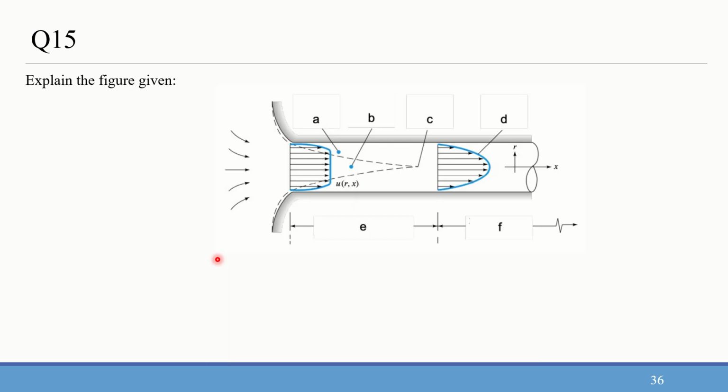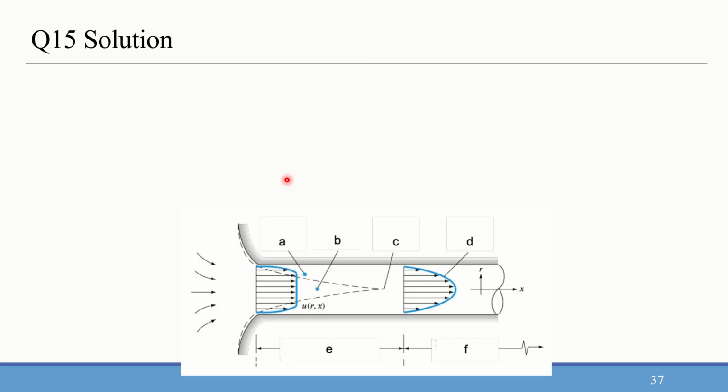What happens is we have a fluid that enters into the pipe and it starts building the flow profile, and here we have a fully established flow profile. So this is the pipe and this is the velocity profile, and the velocity is a function of r and x, where r is the radius and x is the length in that axis.